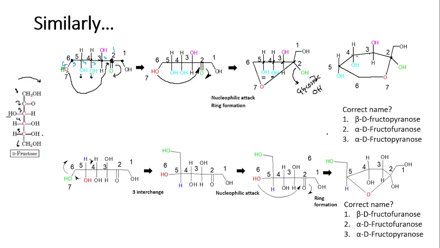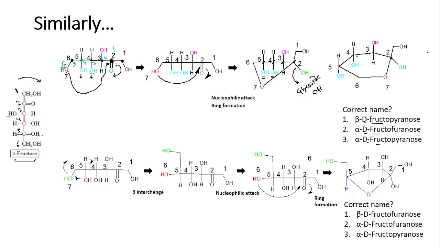Now to give it a name, let's see which of these three is the right name. It is D-fructo because it starts with D-fructose, so that is for sure. All of them have D-fructo in the name. Now let's see what is the right name for this drawing.